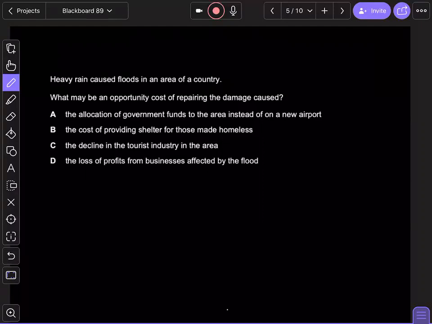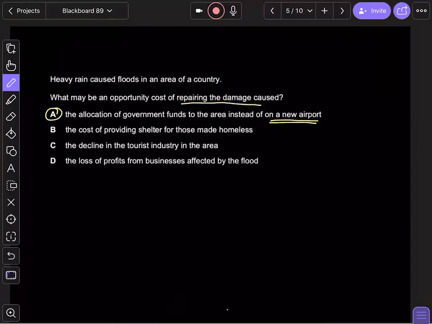So if the government is diverting the funds for repairing the damage caused, then most probably they are not doing public expenditure on the new airport. So this will be the opportunity cost of diverting the funds in repairing the damage caused by the flood.